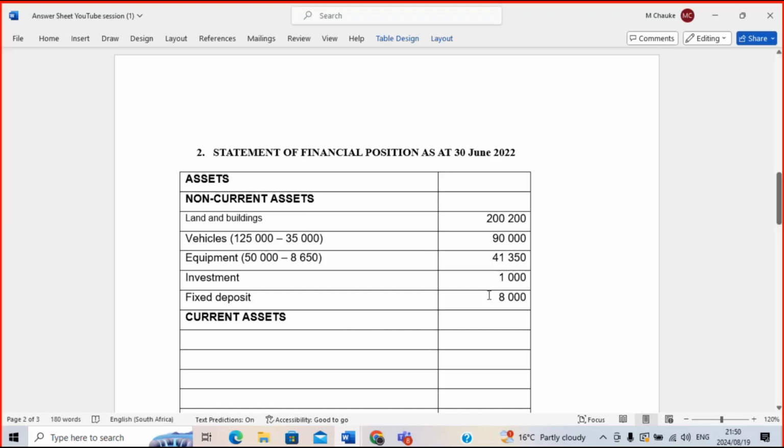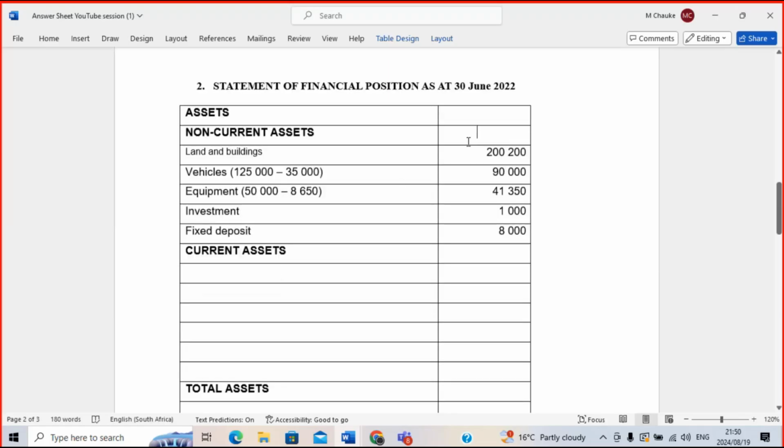And then now we are done with our non-current assets, right? So now we have to add all of them to get our total non-current assets. We're going to say land and building plus vehicles, 90,000, plus equipment, 41,350, plus investment, 1,000, plus fixed deposit, 8,000.